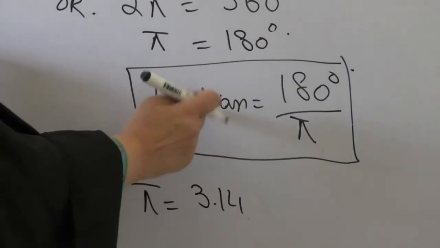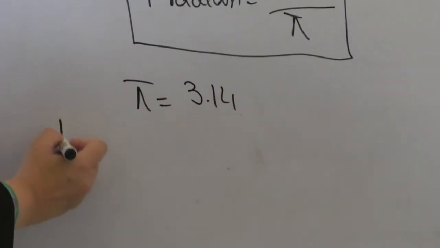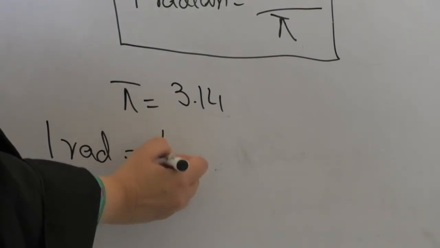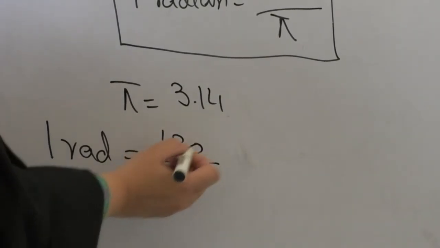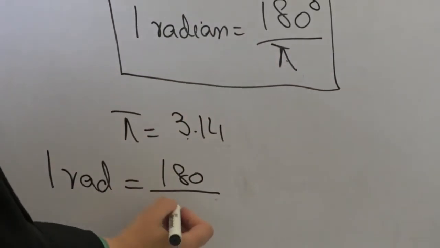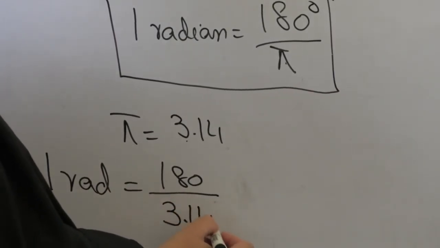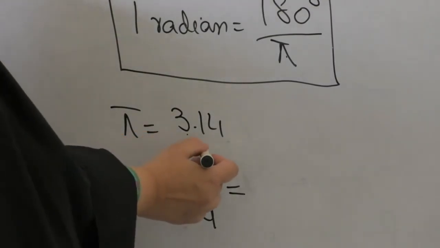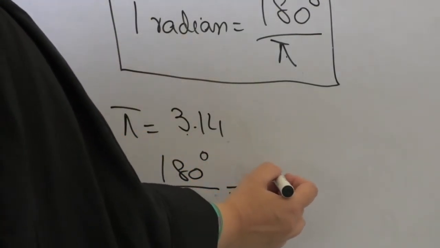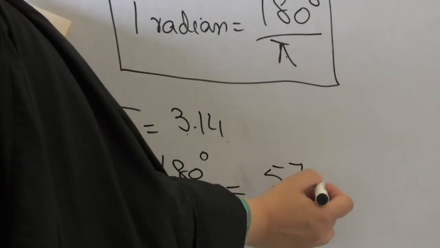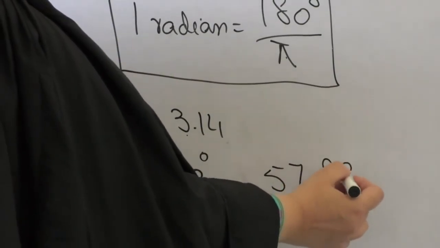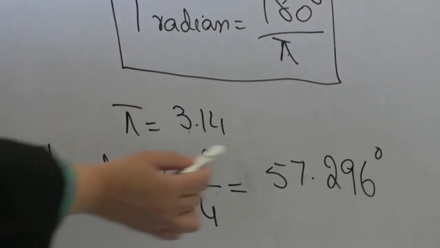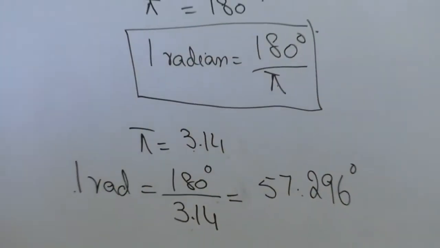So 1 radian is equal to 180 divided by pi, instead of pi use its value, simplify, you will get 57.296 degree. Look that the radian is converted into degree.